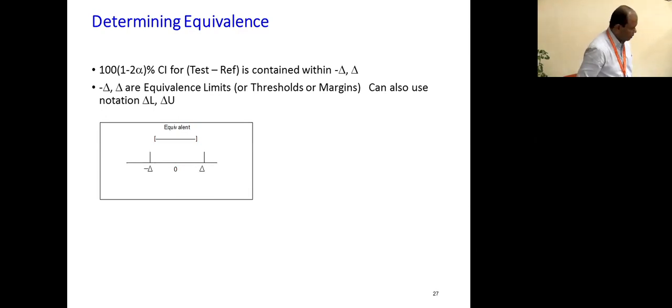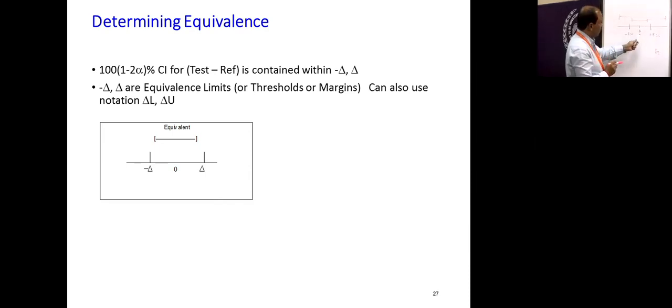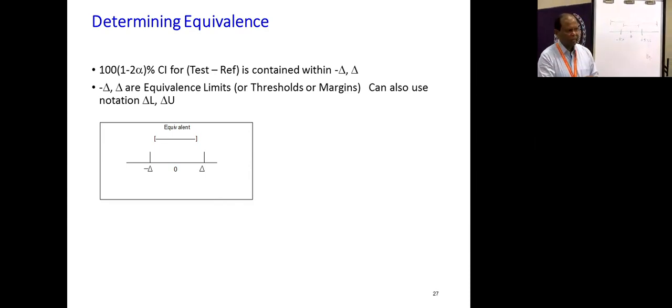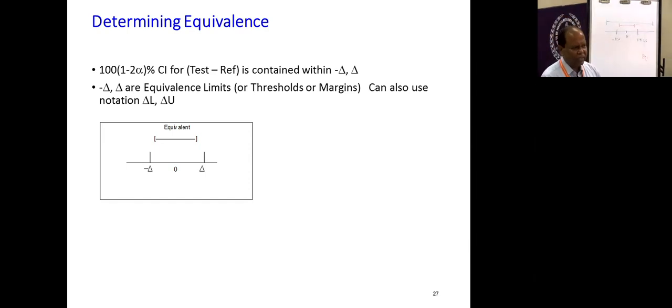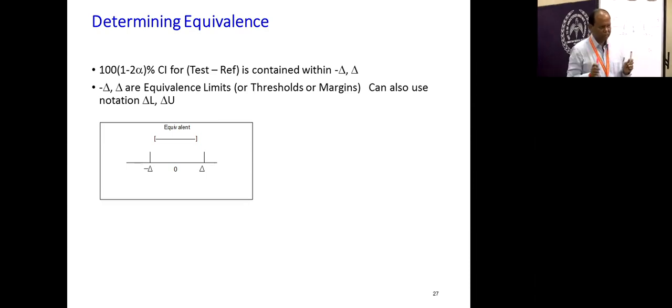Can you see this one? When I see this, say for an example, I don't know whether you can see this one. This suggests equivalence because it falls between these two limits, delta. And if I'm given data, I would look at whether any one of the limits has crossed the margin or not.